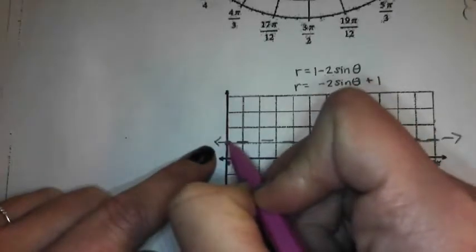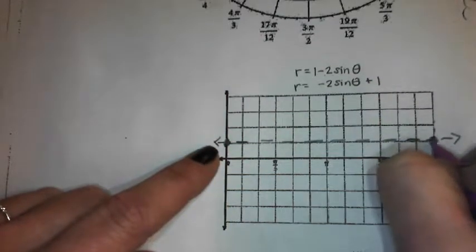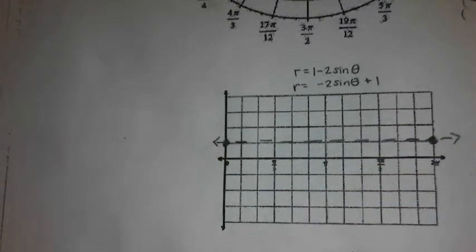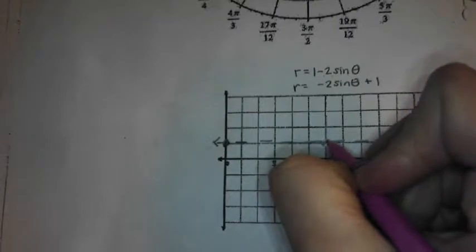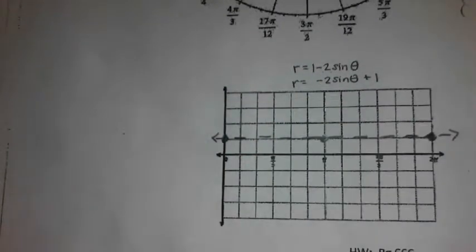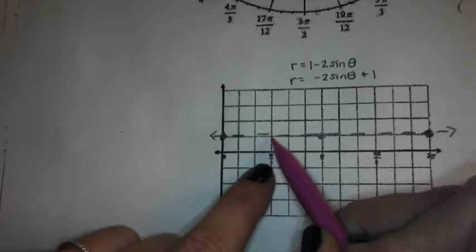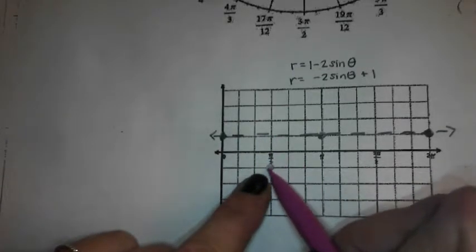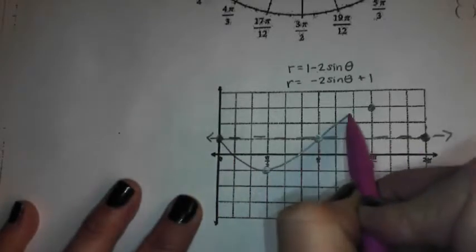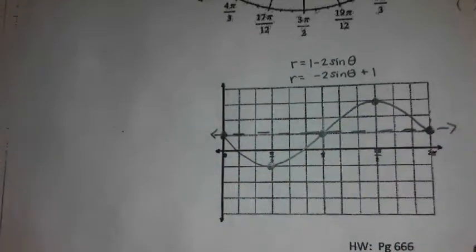So it starts at 0 and ends at 0, meaning starts on the midline, ends on the midline. Has a halfway point on the midline. But now with an amplitude of 2 and being negative, this is going to go and reach a minimum that's 2 units below my midline and reach a maximum that's 2 units above my midline. And there's a quick sketch for us. Okay?